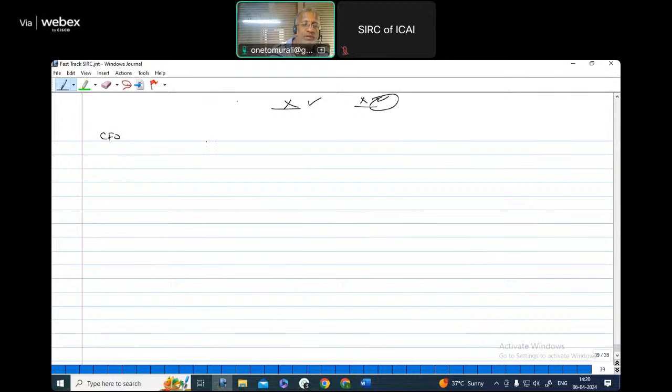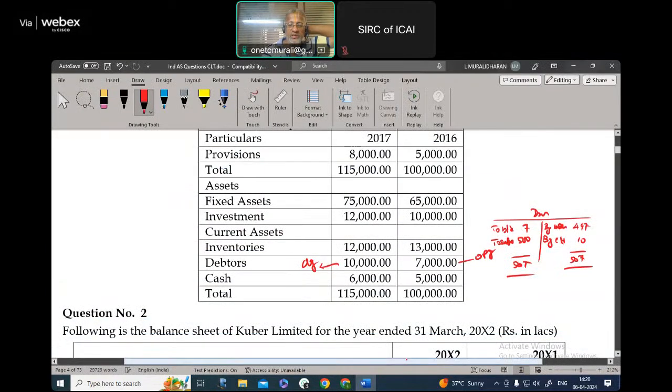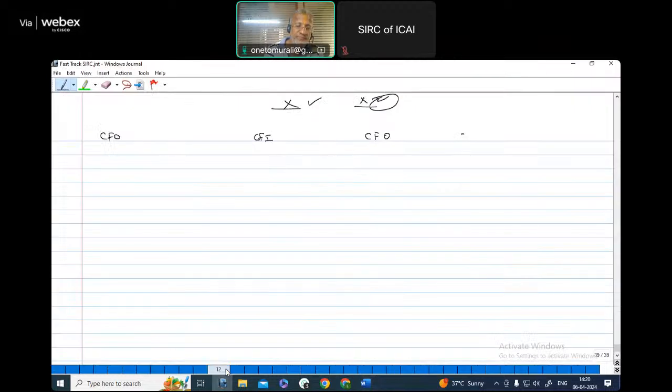Cash flow from operation, cash flow from investing, cash flow from financing. Then we shall find out the increase or decrease in cash. In fact, it is an increase. Increase in cash and cash equivalent 1,000. Opening cash and cash equivalent 5,000.